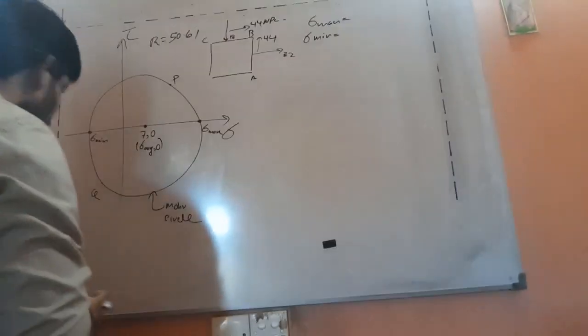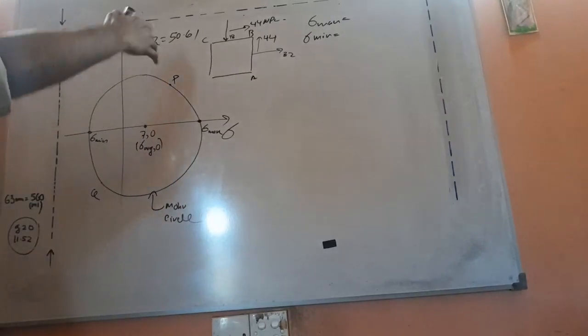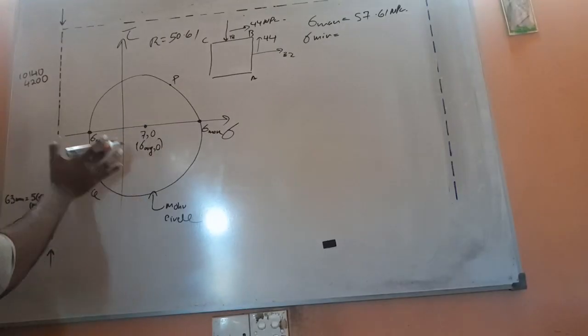So 7 plus 50.61, that is 57.61. You know that. 57.61 megapascals. And here minimum principal stress 7 minus 50.61, that is minus 43.61 megapascal. So this is positive, means tensile type. This is negative, means compressive type.